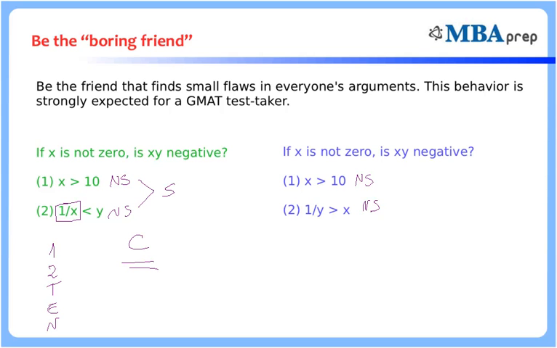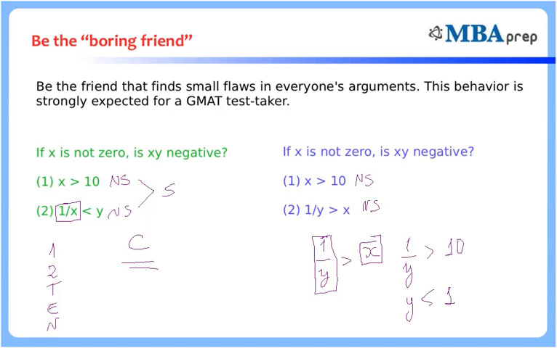Second statement in the purple question here says that 1 divided by y is more than x. Well, this number is greater than 0. So this number is greater than 10, greater than 0, okay? You can get a little bit cranky because it's the inverse. So let's use 10 as the extreme. 1 divided by y is greater than 10. Let's invert.